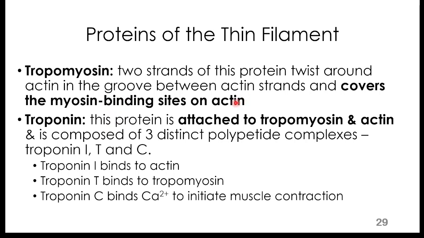But until the contraction is about to happen, those sites on actin to which myosin will bind during contraction are usually covered by tropomyosin, so that they are not available for binding by myosin. All right. So finally, we have troponin, and this protein in its turn is attached to both tropomyosin and actin, and is composed of three.